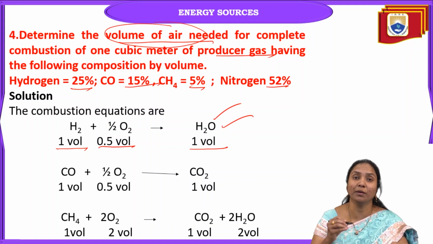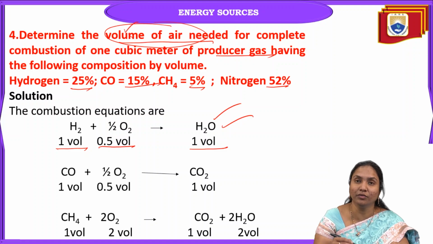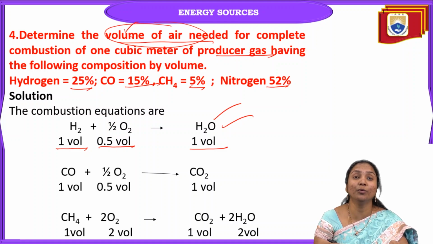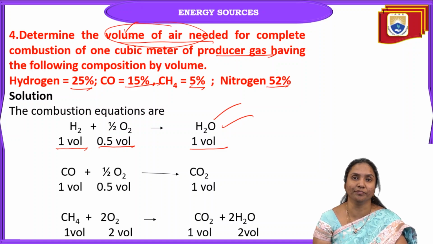So first write down the chemical combustion reaction. Next, from that reaction, we can calculate how much amount of air is required, here in volume. So 1 volume of hydrogen requires 0.5 volume of oxygen, and the combustion product volume is 1.